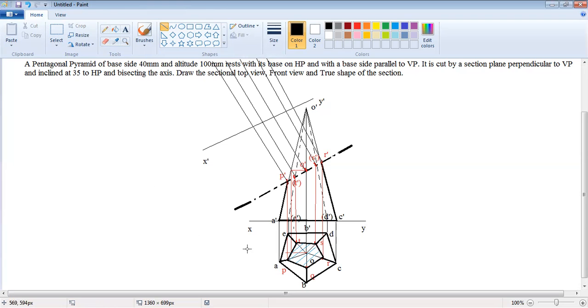The final step is to measure the points P, Q, R, S, T from this top view, from the XY line, and mark them here.